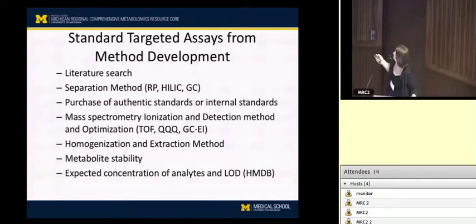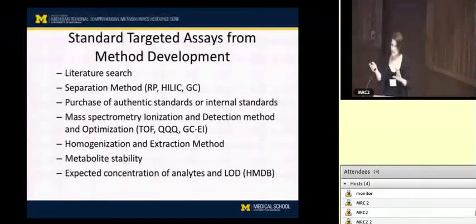And then once we decided that we think we know maybe which type of separation method to use, and we're able to procure the standards of interest, the next thing is just to decide what kind of mass spectrometer to use. Again, this is where the challenge comes in, because if you're looking for a broad class of compounds, we might need to use multiple methods.